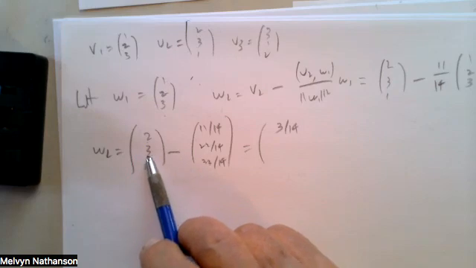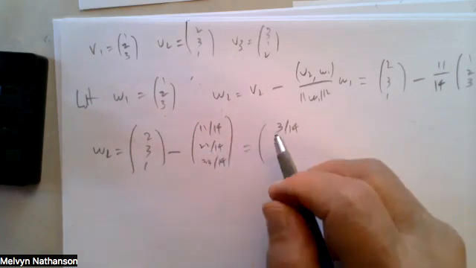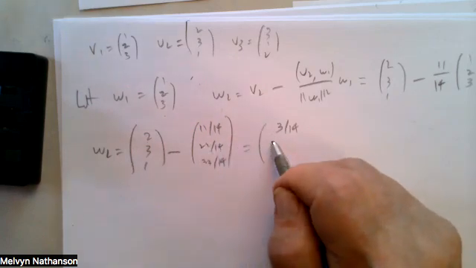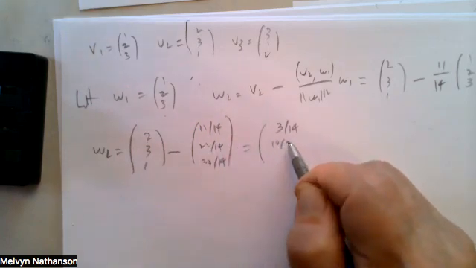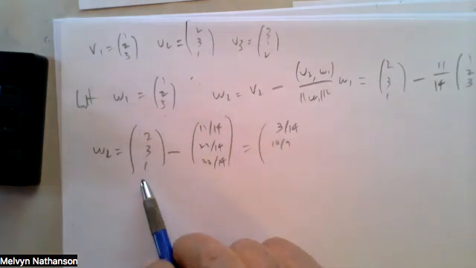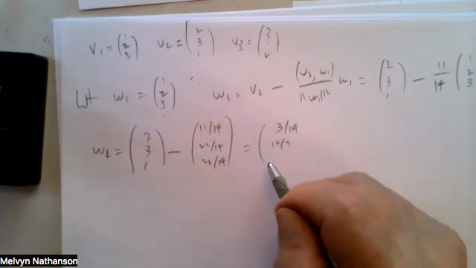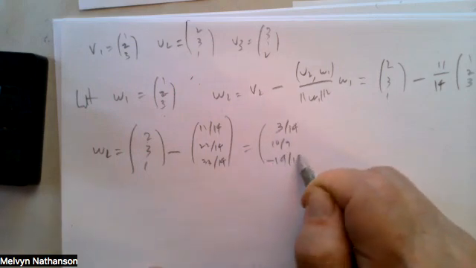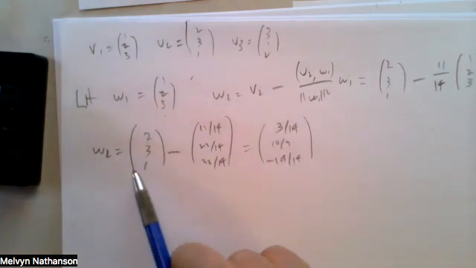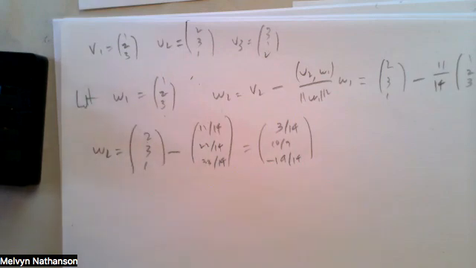See, 3 times 14 is 42, minus 22 is 20 over 14, or 10 over 7. And 1 minus 33, 14 minus 33, I think is minus 19 over 14. So this is the vector W2, if I did my arithmetic correctly.